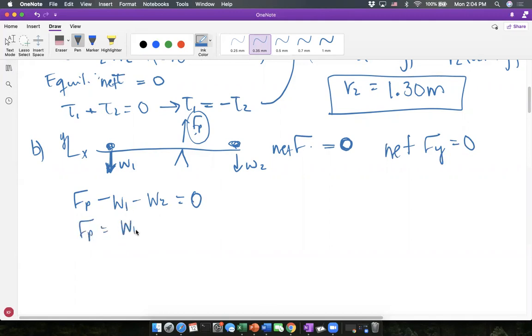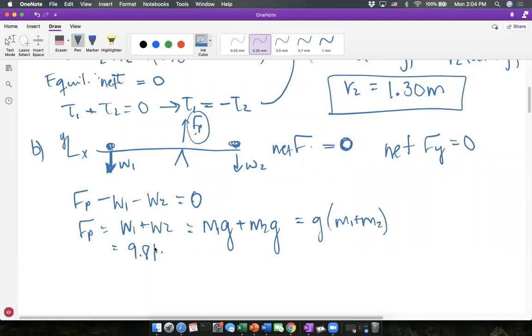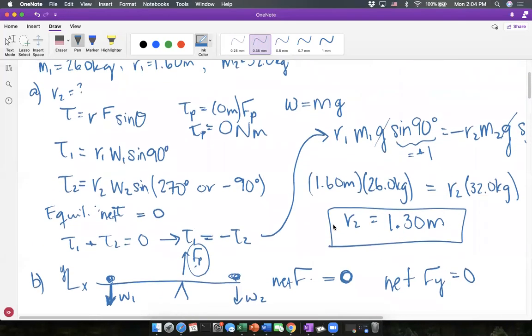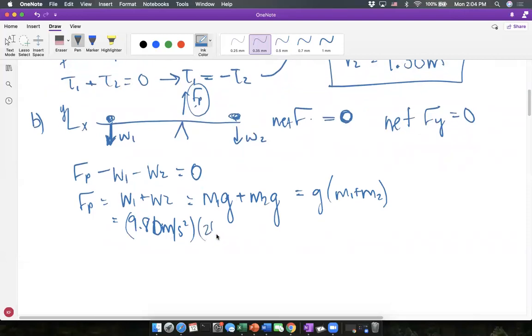FP equals W1 plus W2, which is just the first mass times gravity plus the second mass times gravity, or gravity times mass 1 plus mass 2, whichever way you want to do it. So that's going to be 9.8 meters per second squared times my mass of the first one, which is 26 kilograms, plus my second mass, which is 32 kilograms.